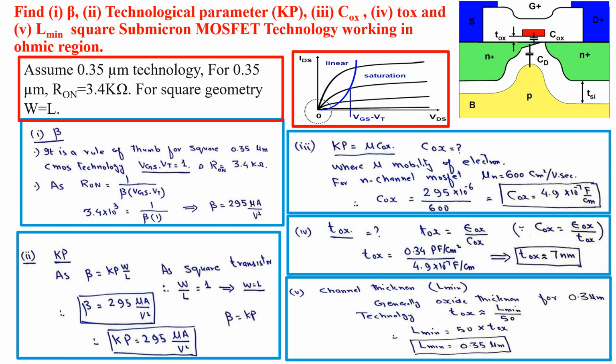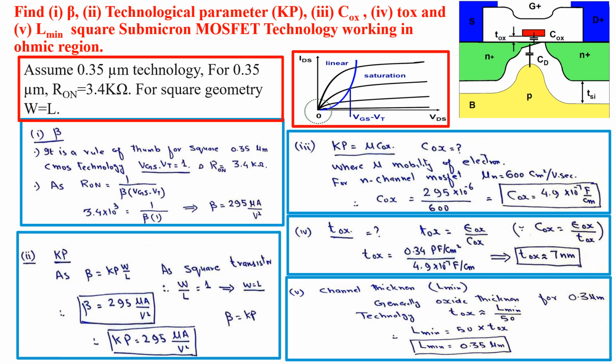Now, in the third part, we are interested in determining the capacitance of the oxide layer. For the capacitance of the oxide layer, we have a very good relation between technological parameters: Kp is equal to the mobility times C oxide. C oxide we have to determine, and Kp we have already determined. The important thing is the mobility of the electron: for an n-channel MOSFET, mu n is equal to 600 centimeter square per volt per second.